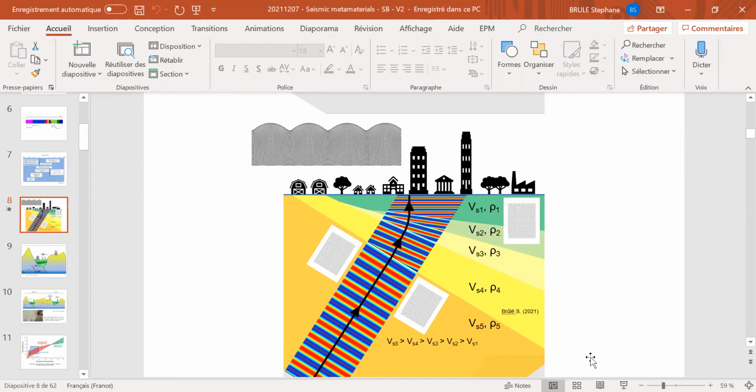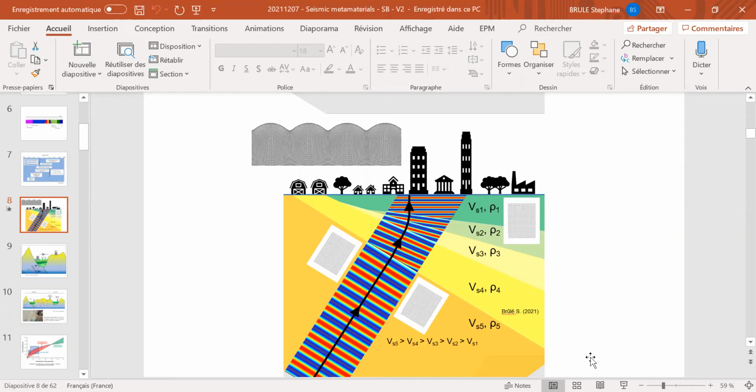As explained, the great difficulty of earthquake engineers and seismologists is to have a good accuracy in the definition of this model. Most of the time, they do the inverse concept. So they try to understand, thanks to data acquired at the surface, going back to the base of the sedimentary model to find something not so wrong.